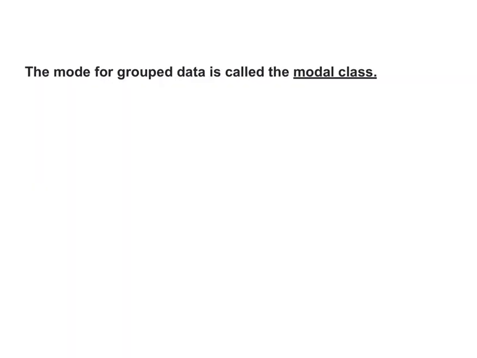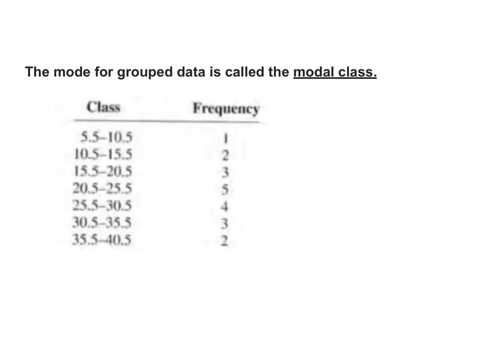The last thing we need to talk about as we're talking about grouped data sets: the mode for grouped data is called a modal class. So when I have grouped data, meaning again, I don't know the actual data values, you go by the highest frequency. Instead of having a mode, because I don't know what the actual numbers are, I know that the data values in this class appear the most.